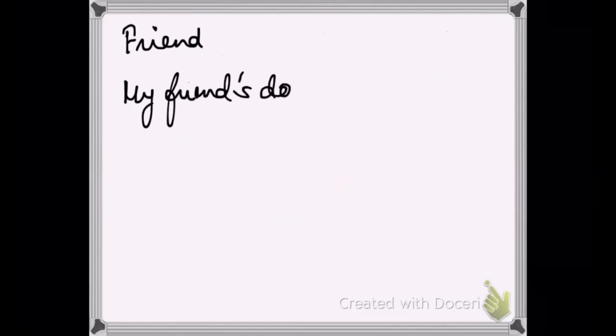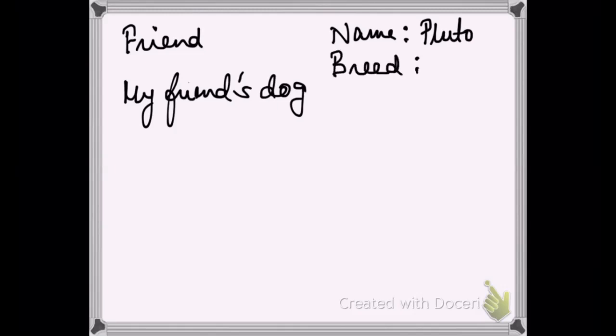Let's say that now I have a friend who also has a dog. So there is my friend's dog. Let's say this dog also has a name. Let me call this dog Pluto. Again, very typical. Then it has a breed. Let's say it's a Labrador. So this is the breed of this dog Pluto. And then color.